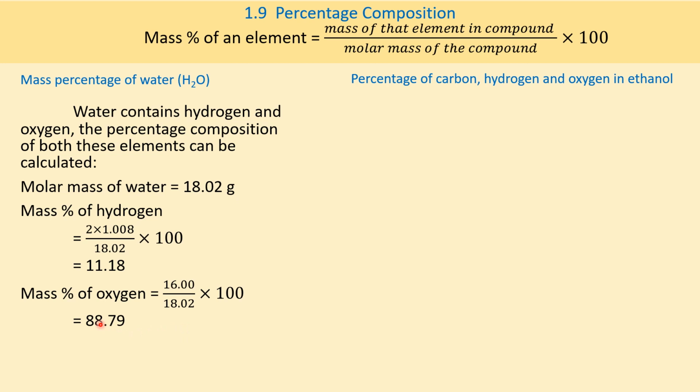Now let us take one more example. Percentage of carbon, hydrogen, oxygen in ethanol. The molecular formula of ethanol is C2H5OH as shown on the screen.